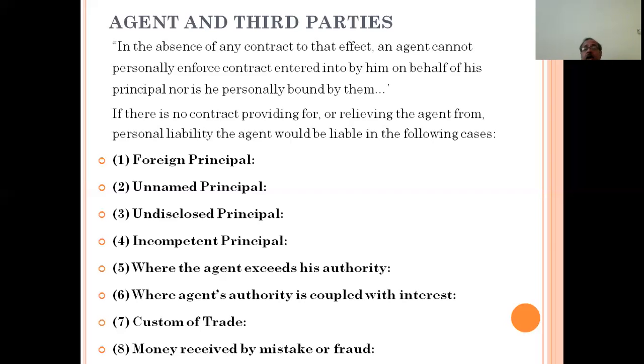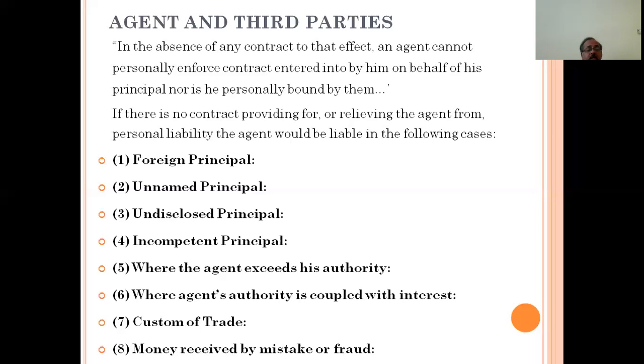In that case, the agent is personally liable to the third parties. Where the agent exceeds his authority, acting beyond his authority, the agent will be responsible to third parties unless it is ratified.